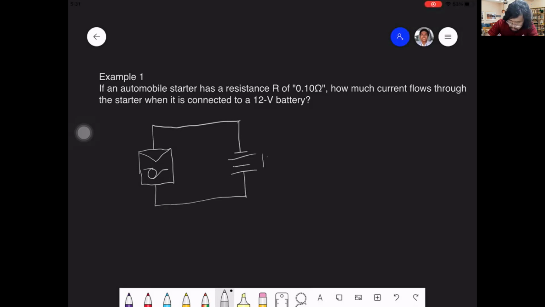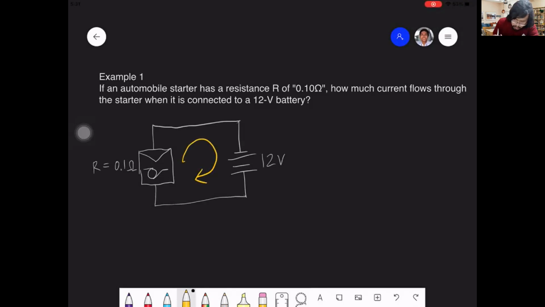We assume it's a DC battery, so we use the given symbols. The starter again is behaving like a resistor, so there's a 0.1 ohm resistance. The flow of the current is like this.